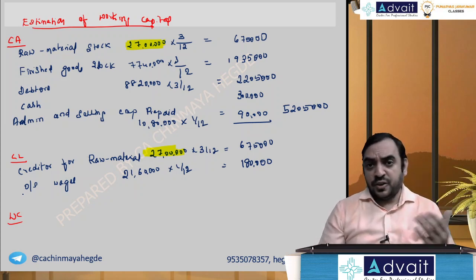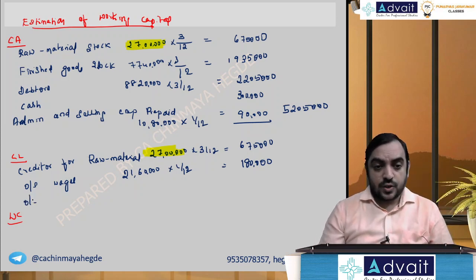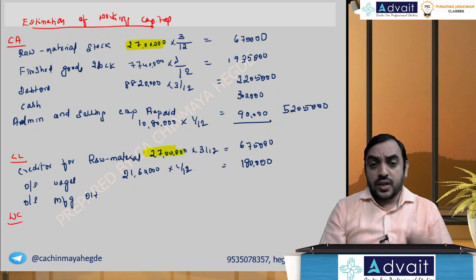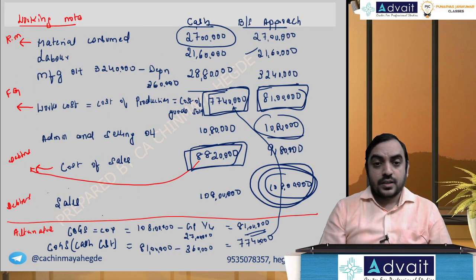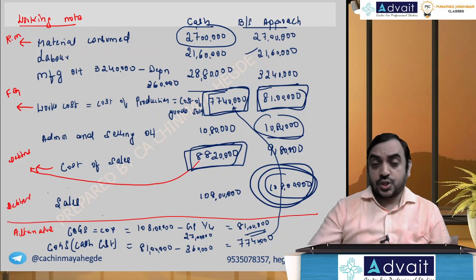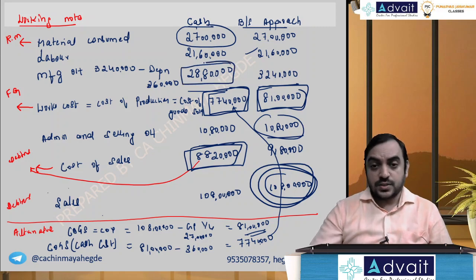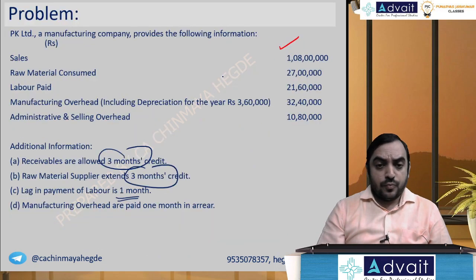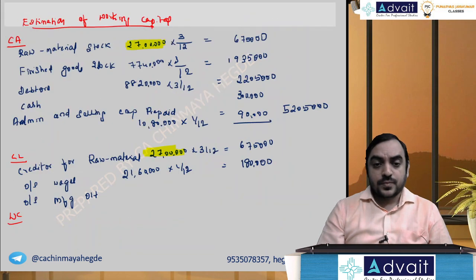Then lag in payment of manufacturing overheads, outstanding manufacturing overheads. What is the annual expense? 28 lakh 80,000, right? Cash cost 28 lakh 80,000 and lag is 1 month, 1 month arrear, 1 month late.